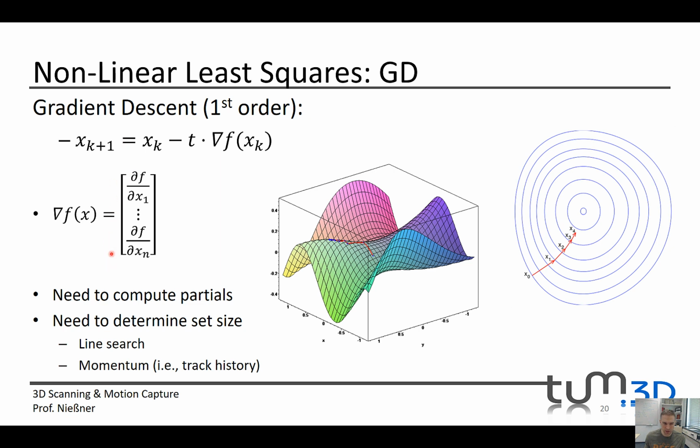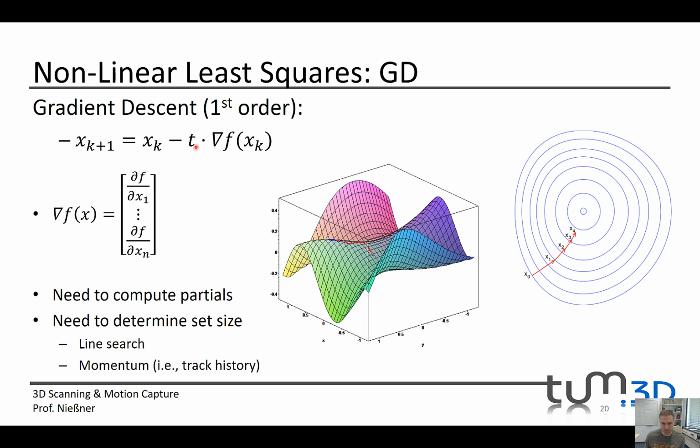So we need to compute these partial derivatives. I'll talk about how we do this efficiently, numerically speaking, in a second. And then we have a gradient, and we take our current initial set of parameters and subtract the gradient times t.